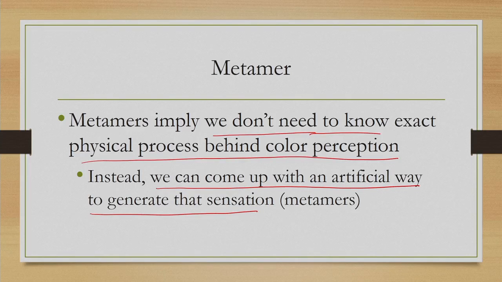So, S1 and S2 are metamers and give the perception of the same color. We may not be able to know exactly what the spectrum is when we perceive a particular color, but we can always recreate that sensation by using another spectrum, which is a metamer of the actual spectrum.